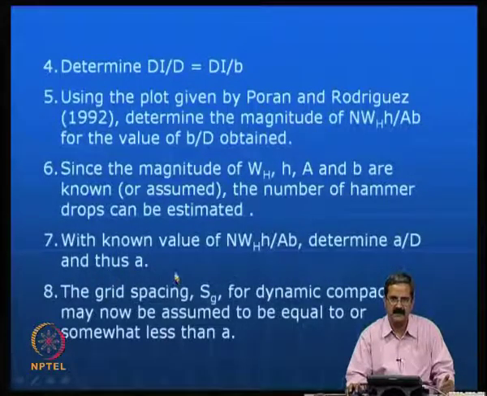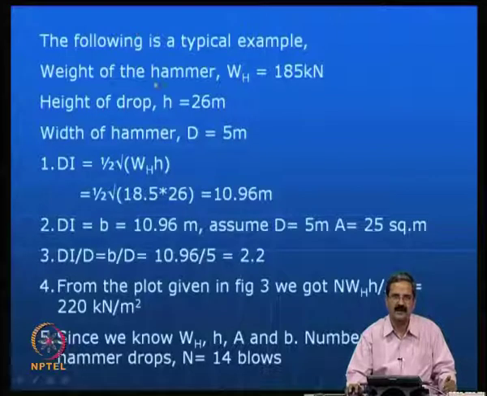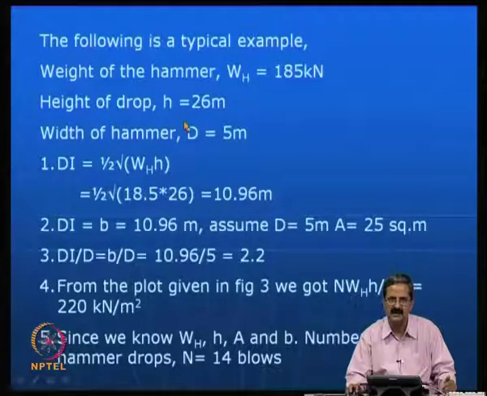A tells you the spacing and B tells you the depth. So, for example, in a typical example, the weight of the hammer is about 18.5 tons or 185 kilonewtons, the height of drop is about 26 meters, and the width of the hammer is 5 meters. So, the first step is you calculate this depth of significant influence.